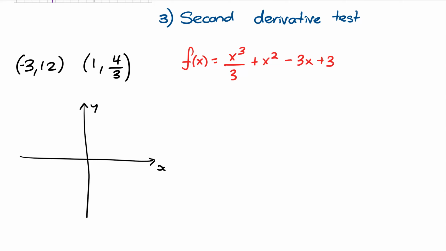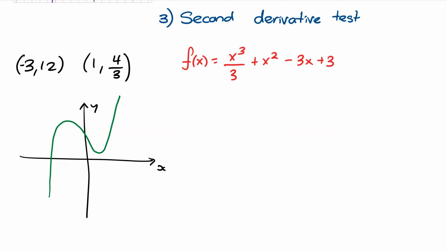And what you might do is just look at the features of a cubic function. Since this is a positive cubic function, you would have something along the lines of this. And you can just use these coordinate points roughly.